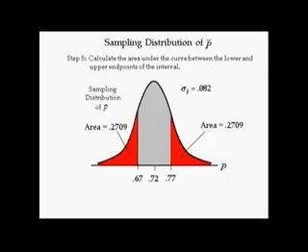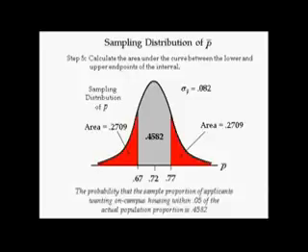The difference between 1 and 0.5418 equals 0.4582. Thus, the probability that the sample proportion of applicants wanting on-campus housing is within 0.05 of the actual proportion is 0.4582.